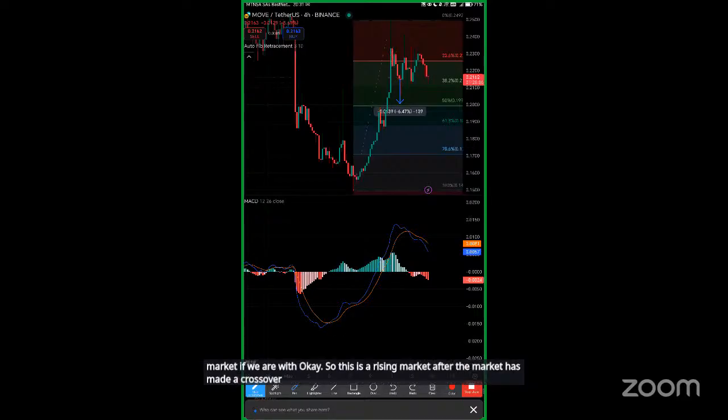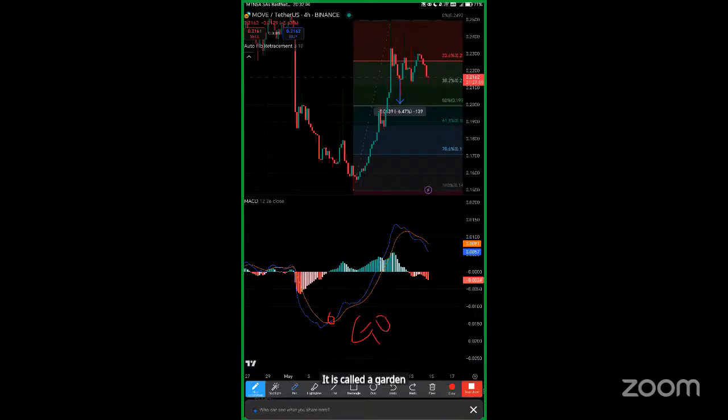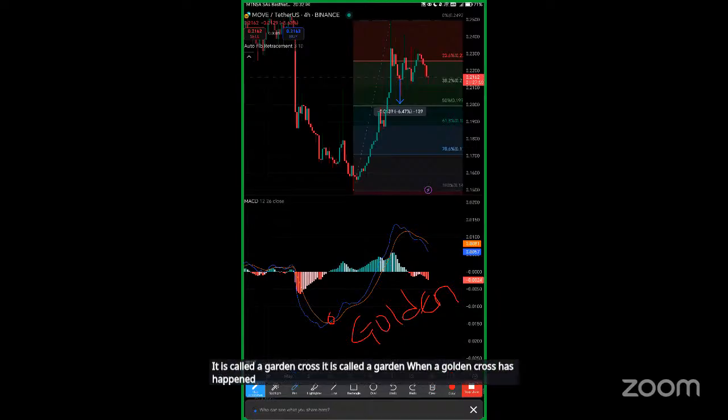This crossover is called a golden cross. When a golden cross has happened, the market has given us a signal of the price going up.